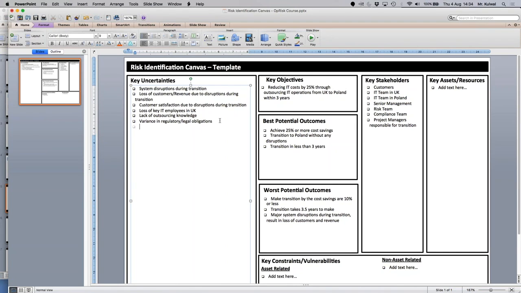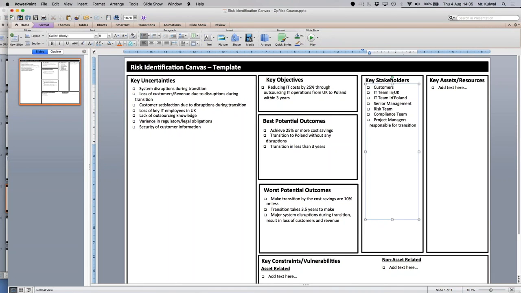Security, yeah, so security of customer information, because now we are actually moving data from one country to another, so that may introduce some security related uncertainty, and our customers may not be happy with that change. So there is also that element of trust with the customers.